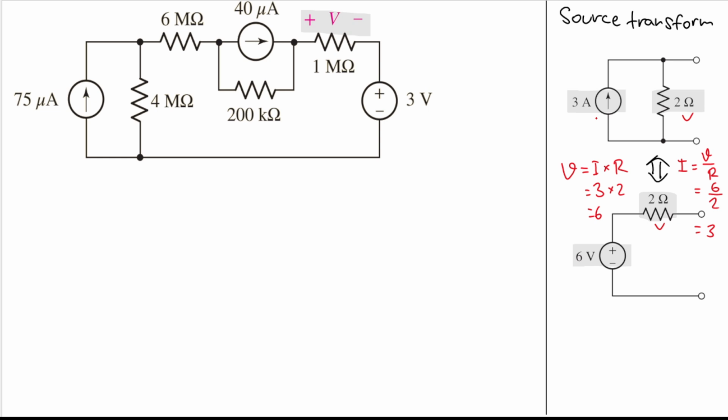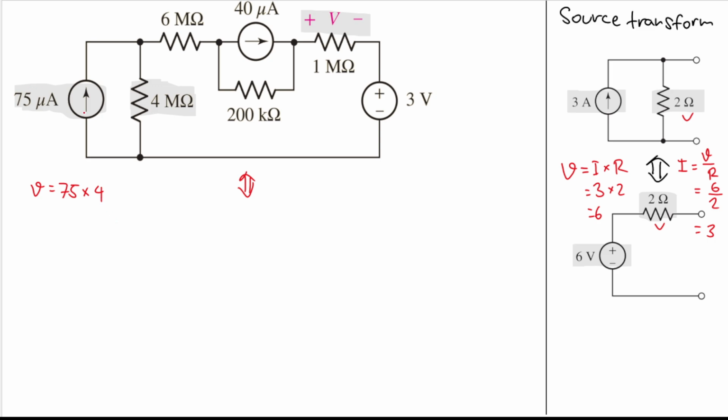Okay, let's see our circuit here. Here, I have a current source in parallel with this 4 mega ohm resistor. So we can transform it into a voltage source and a resistor. And how to do that? We can calculate the voltage, right? So we'll have V is equal to 75 multiplied by 4.